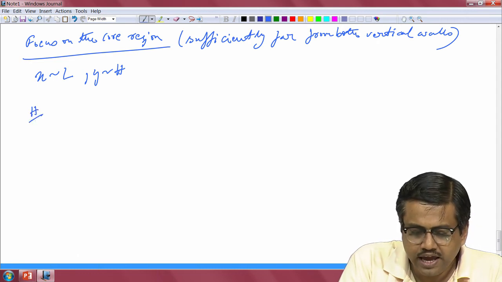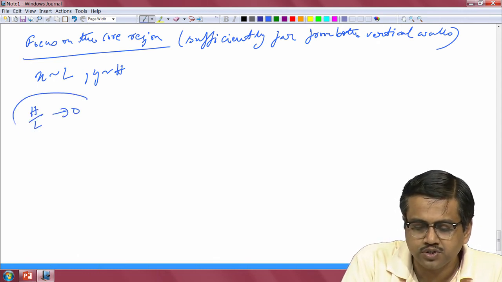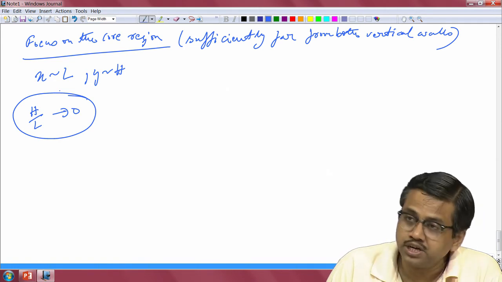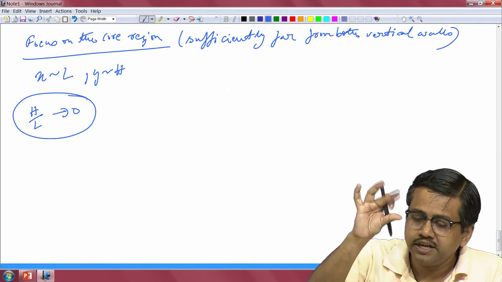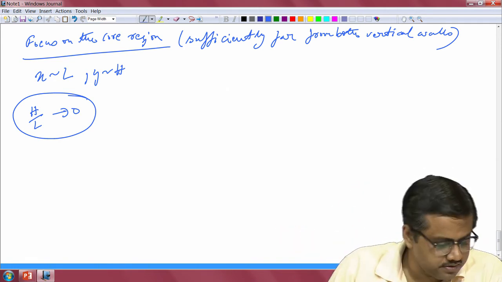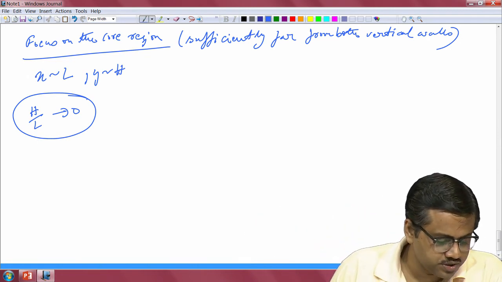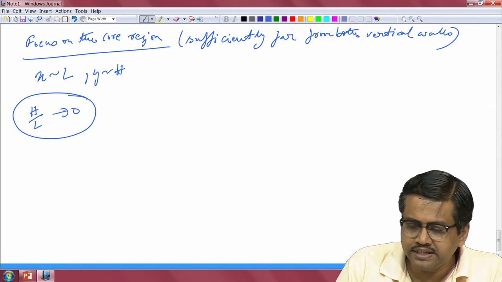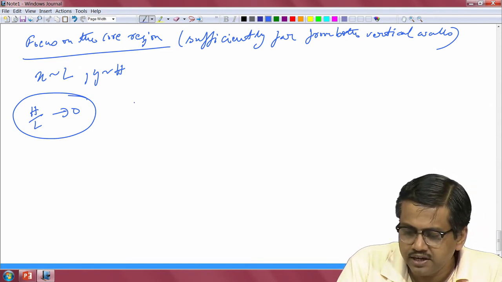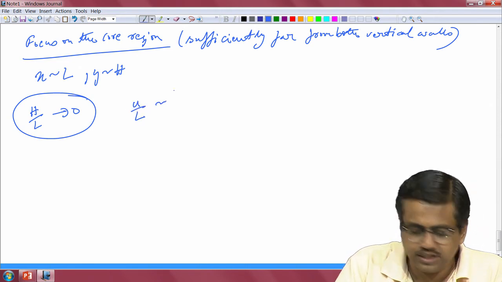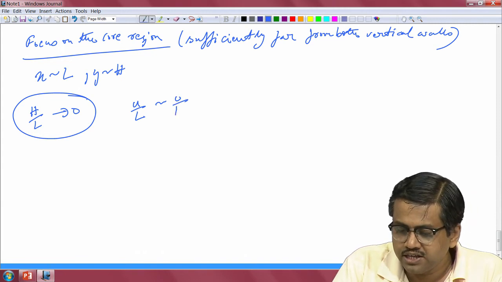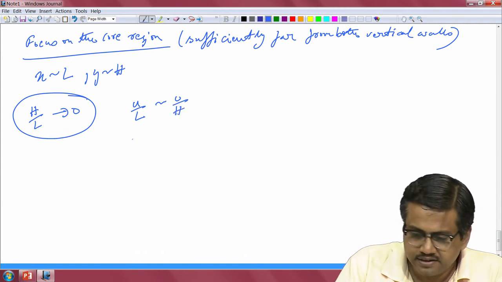Now, since your H by L is going to 0, because that is what the shallow enclosure limit is, H is much smaller than L. Therefore, if we write the different scalings, from continuity you will get u by L equal to v by H, that is the first scaling.